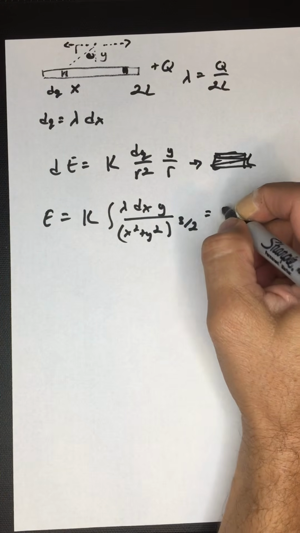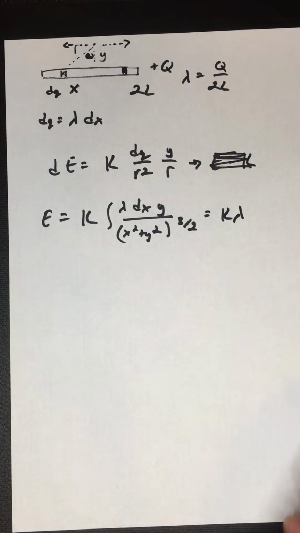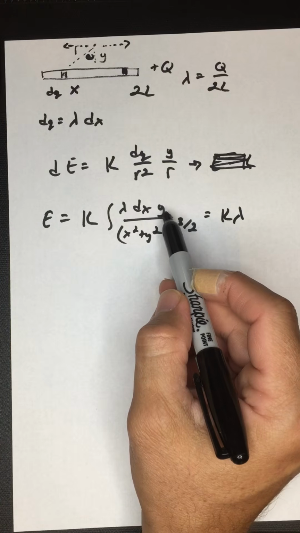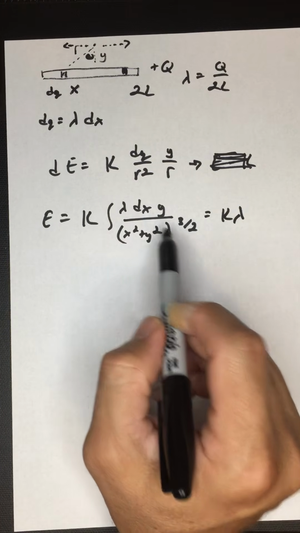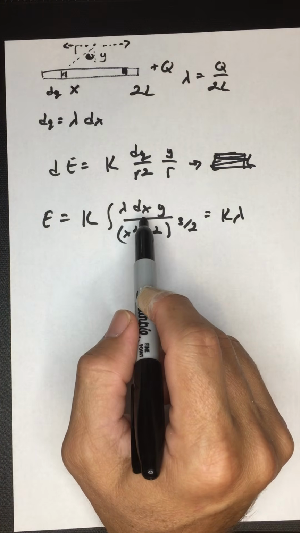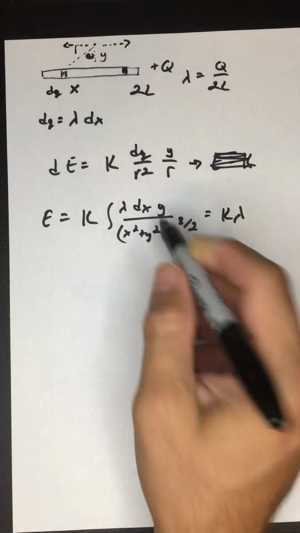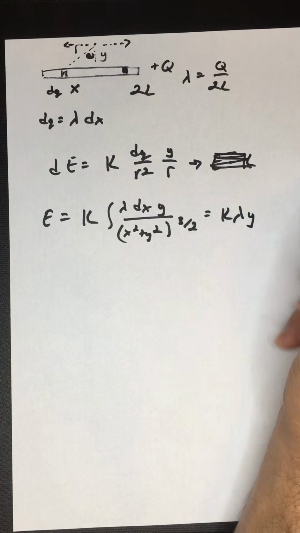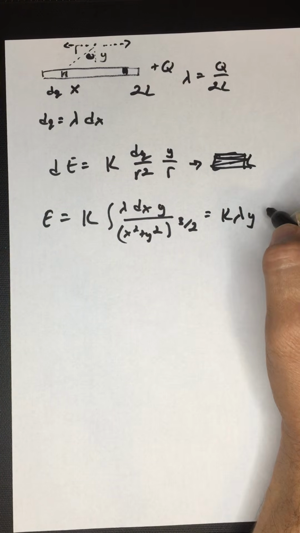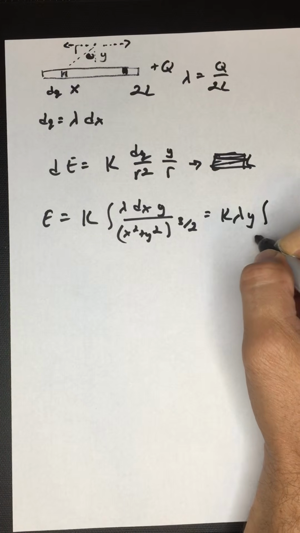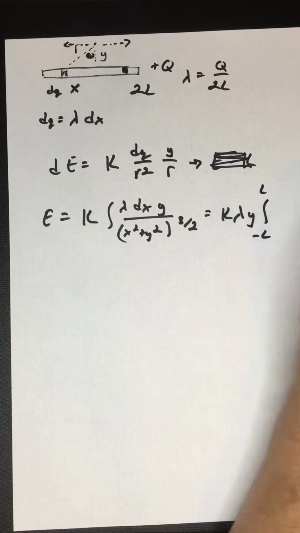Okay, clean it up a little bit, pull out the constants. This is going to be k lambda. Now remember, y looks like a variable, but I'm integrating over x, and I'm not changing my x. I'm always looking over the midpoint here. So y can come out of the integral because it has nothing to do with x. And that just leaves me with the integral from negative L to L, right?